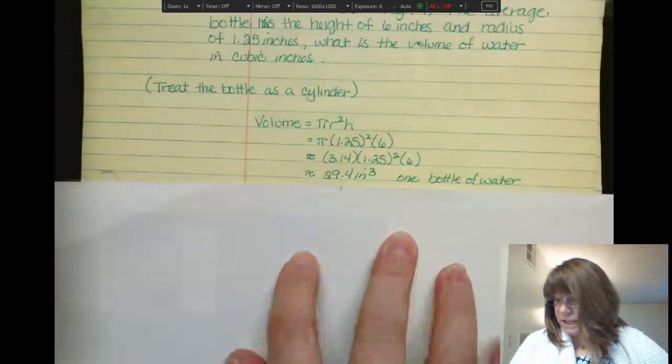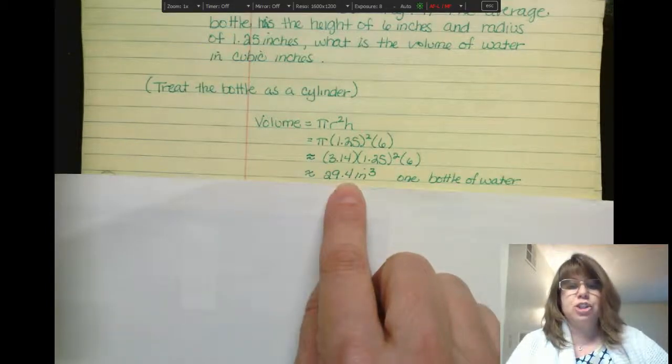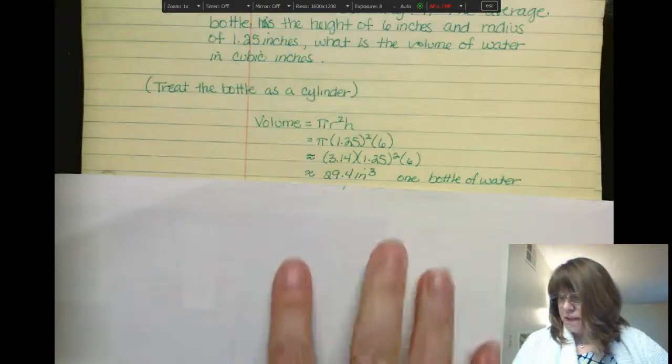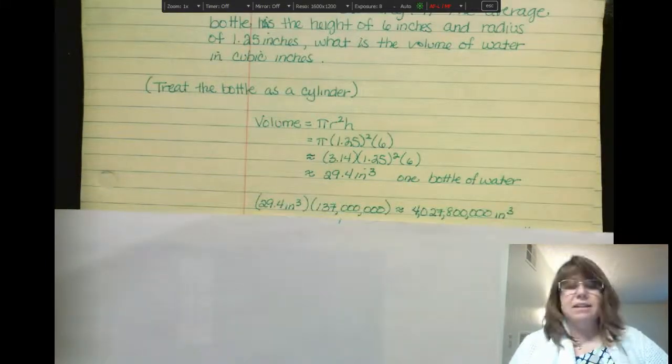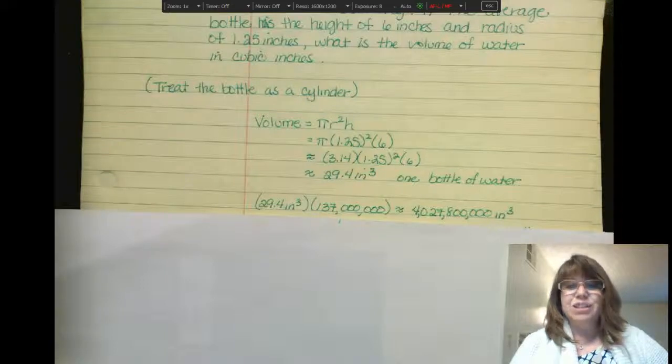I'm going to ultimately get 29.4 cubic inches in one bottle of water. But now I'm going to multiply that by 137 million. That gives me 4,027,800,000 cubic inches of water.